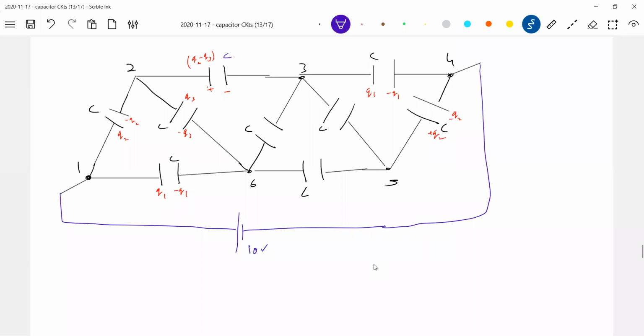In between, how is the charge distributed? Here Q3 charge has come, Q1 plus Q3. So here Q2 minus Q3, I'll bring it here.